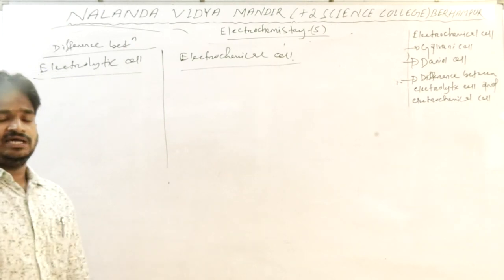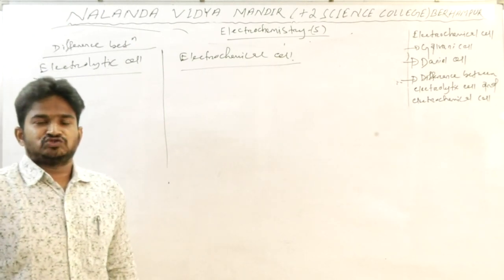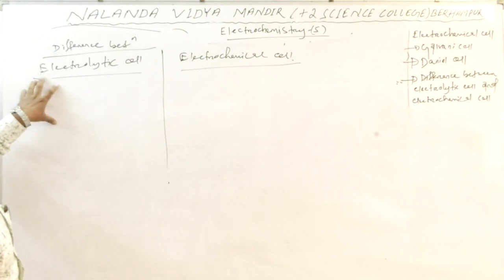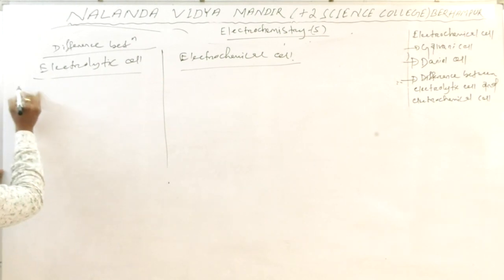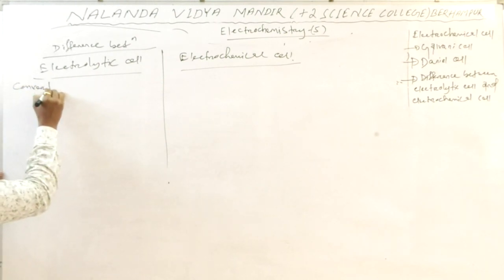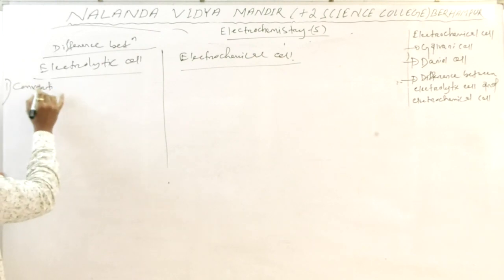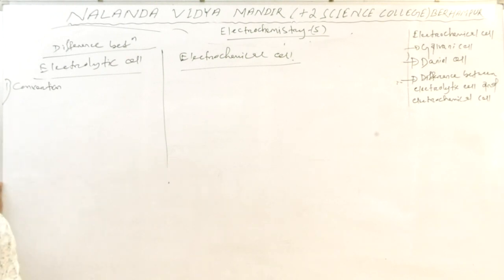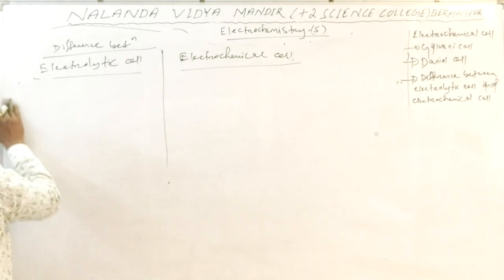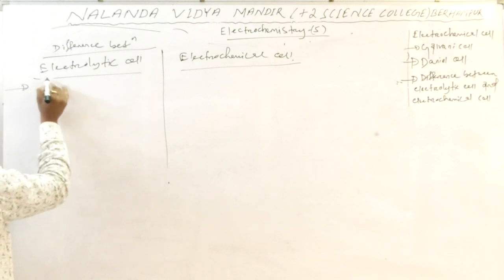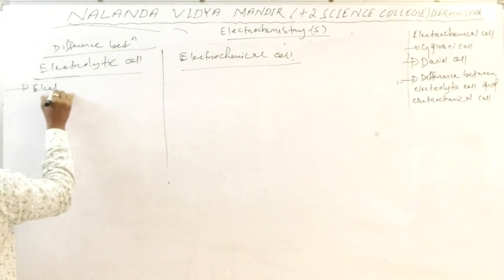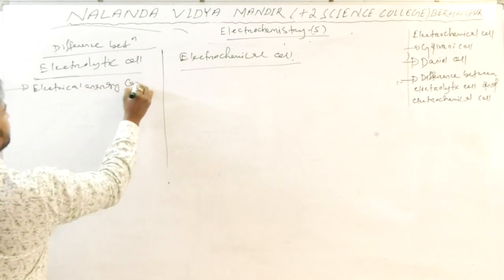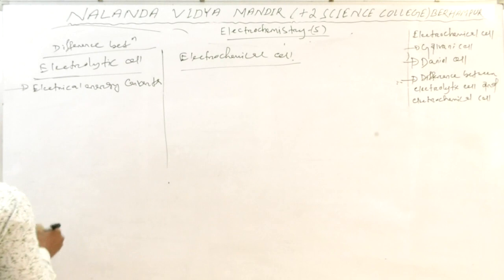Difference between electrolytic cell and electrochemical cell. The first point is the conversion of energy. In an electrolytic cell, electrical energy converts to chemical energy.